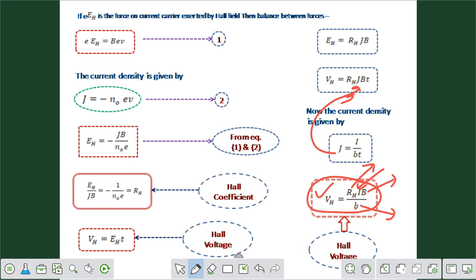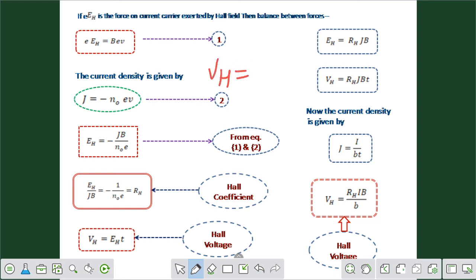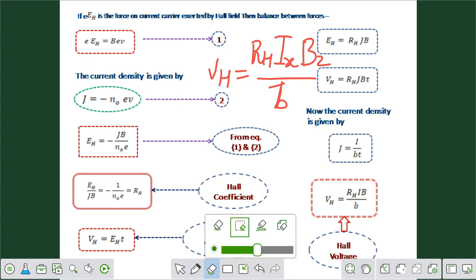So you can write that Hall voltage formula along with its direction like this: VH is equal to RH, the Hall coefficient, times I, the current, which is along the x direction, so Ix, and the magnetic field is along the z direction, so Bz, upon b, the distance between the charge plates. So that is the formula of the Hall voltage.